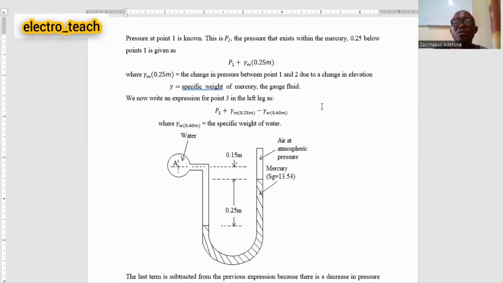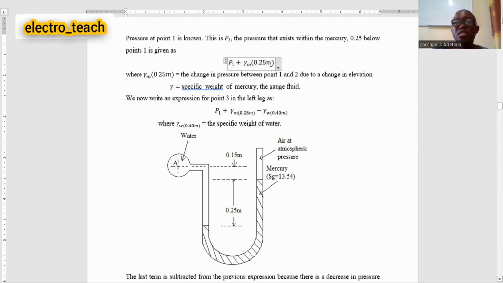Now, within the mercury, the pressure that exists about 0.25 meters below the air can also be calculated by adding to the value of the pressure at point 1. So P1 plus gamma m times 0.25 meters.